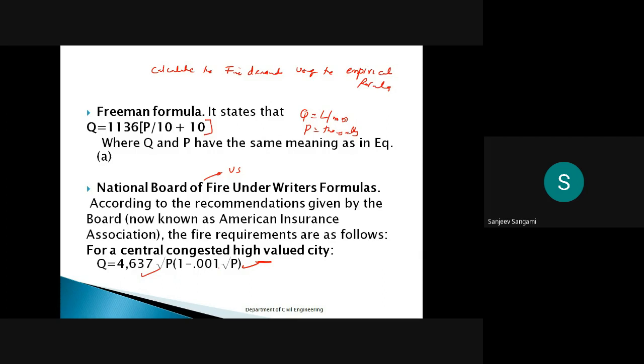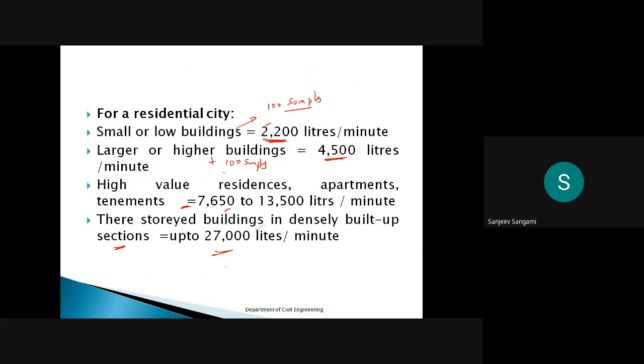That will be one more formula. If nothing is given and you want to assume values, how many liters of water to use, you can use these values for small buildings or higher buildings, residential apartments. We already discussed that.